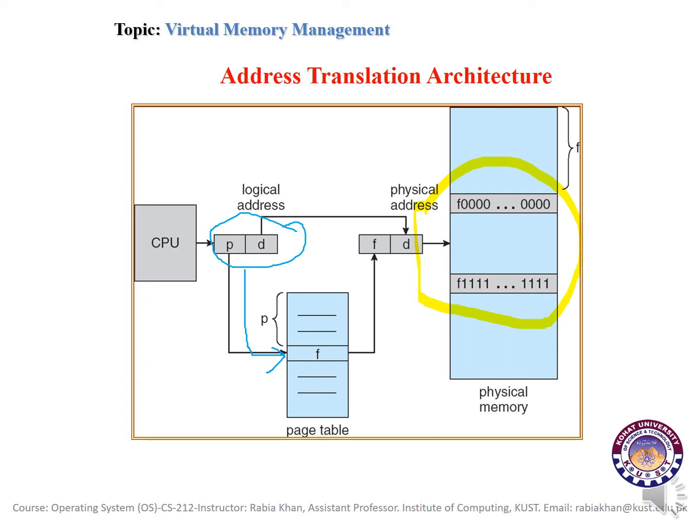The starting address begins from here and the ending address ends here. The specific instruction whose address we are trying to get is located somewhere here, somewhere in the center, showing the distance it is away from the start of the page.